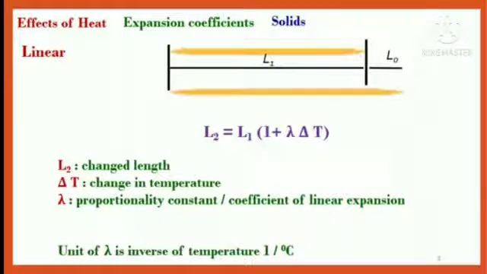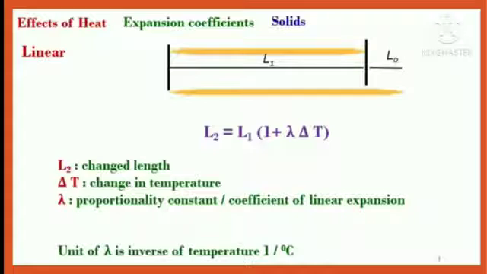Expansion of solids means linear expansion. The linear expansion of a solid is the increase in the length of a wire or a rod of a solid due to increase in its temperature.